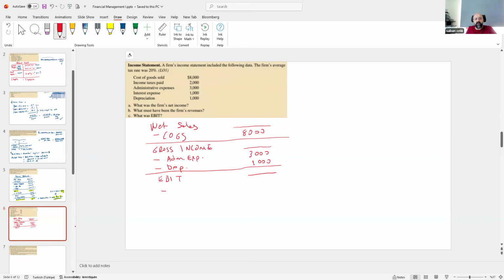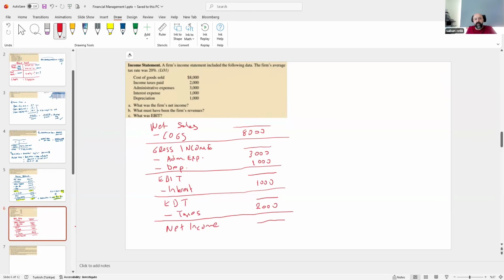And from this one, I will deduct interest expense, which here is 1,000. And this should be equal to earnings before taxes, which is unknown at the moment, and the taxes paid, which is here 2,000, and this should be equal to, my dear friend, net income, which is unknown. Okay.